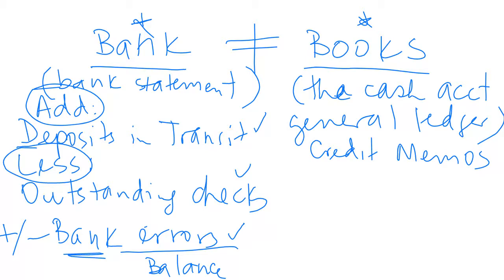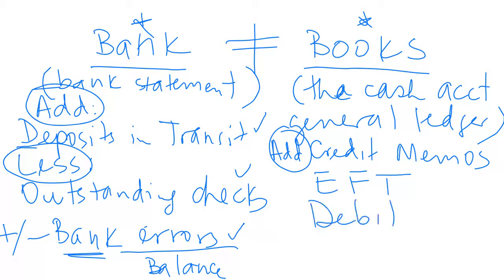So credit memos will be an addition to the book side of the reconciliation. Electronic funds transfers, or EFTs, will be recorded on the bank statement, but they will not be on the books. So we need to add or subtract depending on whether this is an addition or a subtraction to the company's balance.